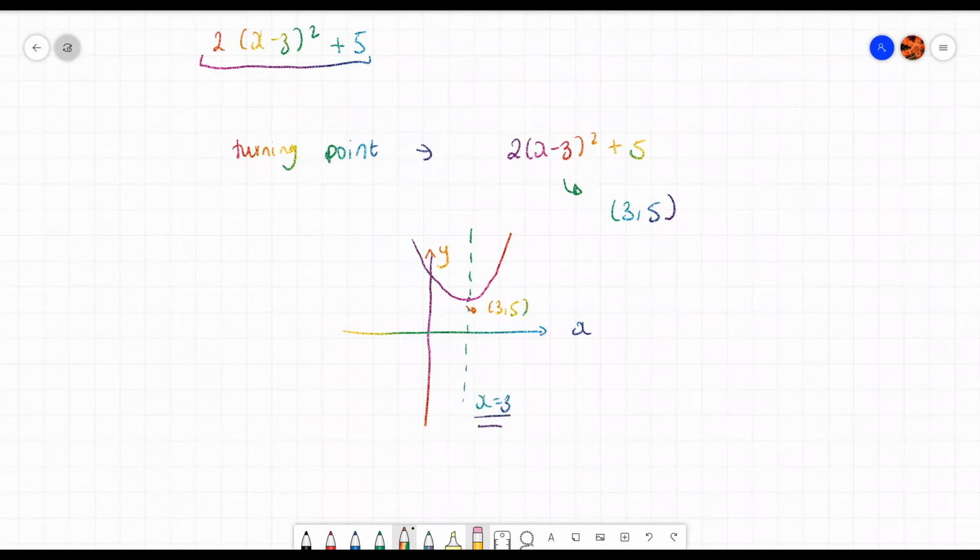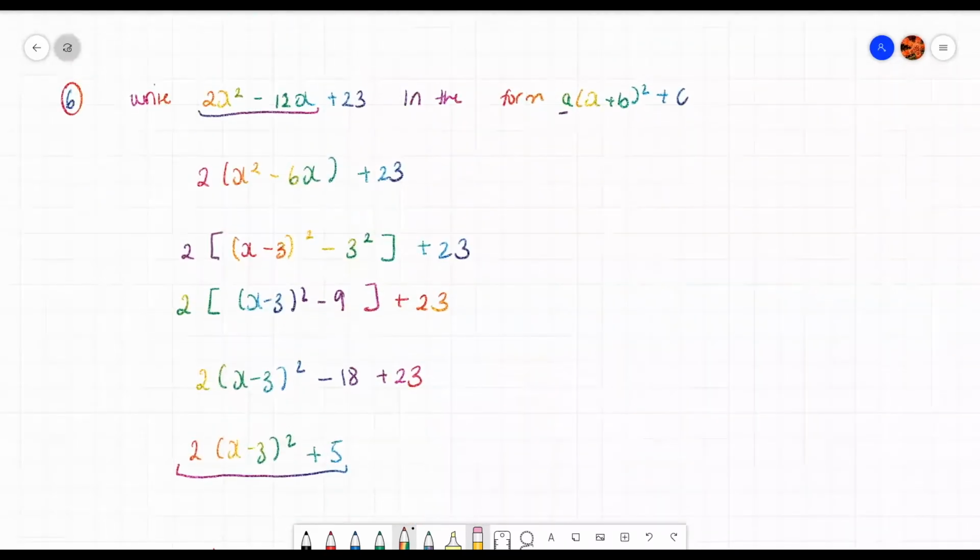So you need to know how to complete the square in order to work out the turning point and the minimum point. I'm just going to show you a different way of completing the square for this. I'm going to do it in a different color pen because you could do it a different way. 2x squared minus 12x plus 23. What you could do is take out the 2 from everything.